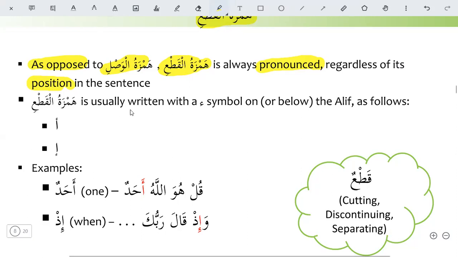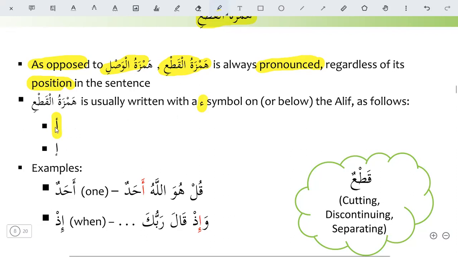Hamzatul Wasl is usually written without the Hamza. If there is this sign of Hamza up on the letter or below the alif, then it is Hamzatul Qat'i, like this one. On the top of the alif, there is a sign of Hamza.